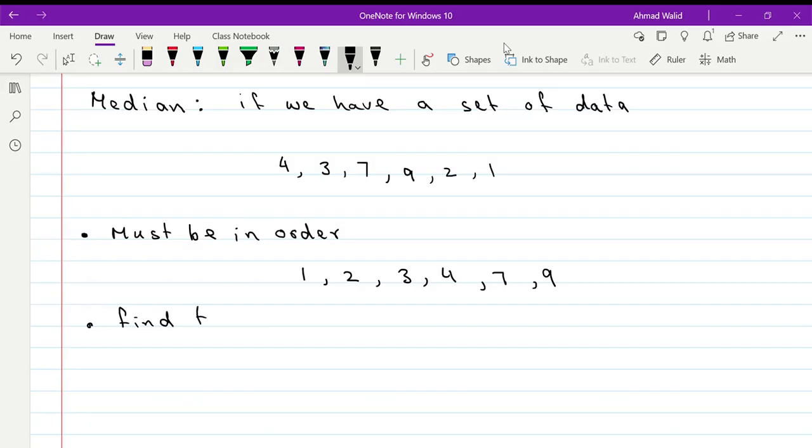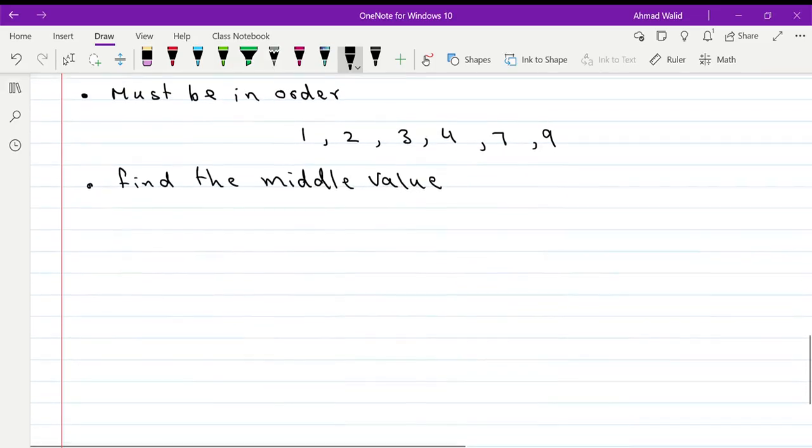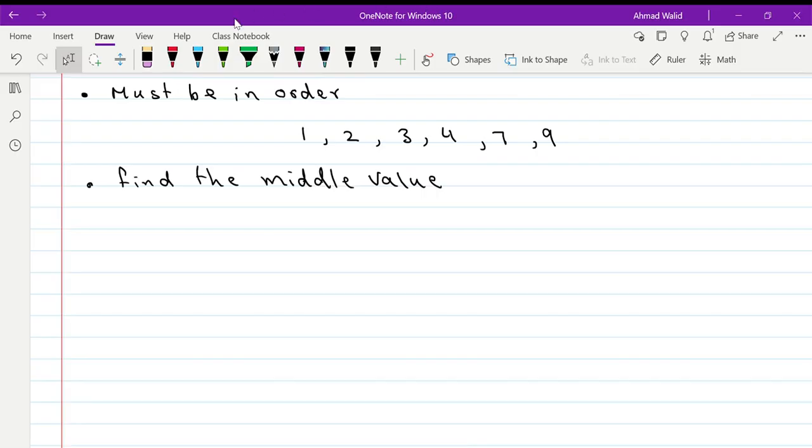To find the middle value, there are two cases. You see, my data set here actually has 6 values: 1, 2, 3, 4, 7, 9. Maybe I have a data set like this: 1, 2, 3, 4, 5, 7, 9.